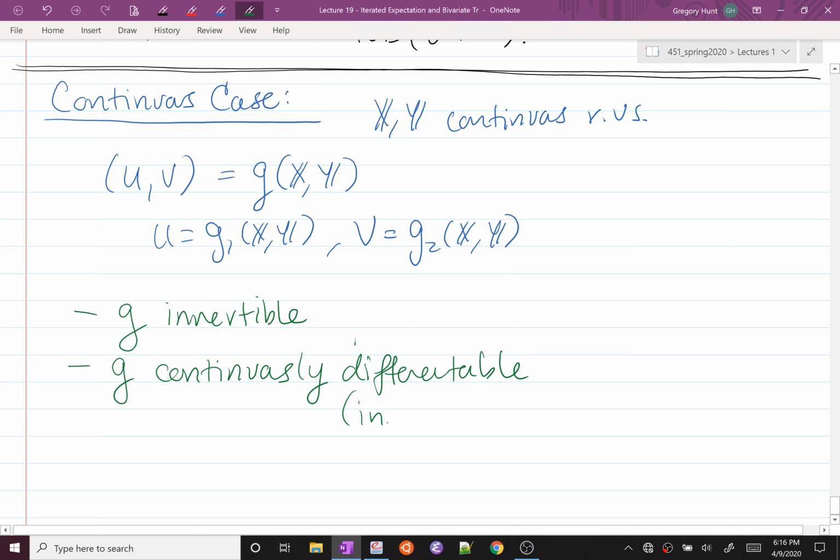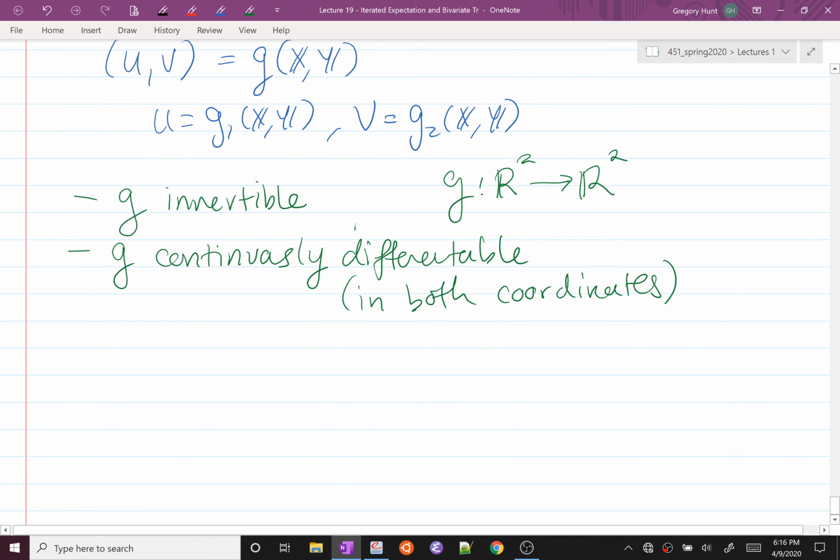And that is now in both coordinates. Right? Because g now is a function of two variables that gives us two variable output. So a function R2 to R2.